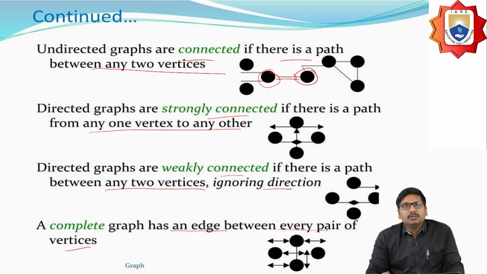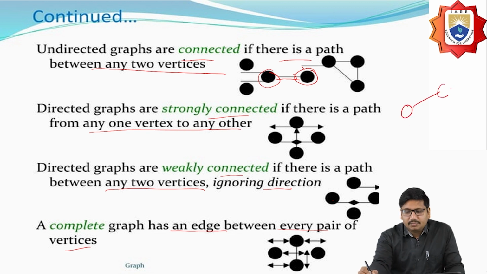So what I am going to say is that directed graphs are strongly connected if a path exists from one vertex to another vertex.